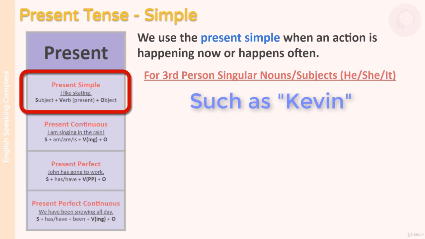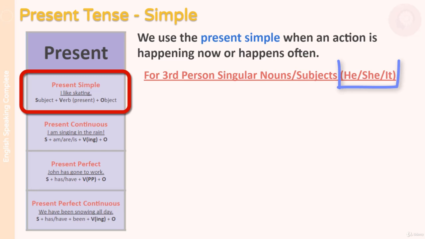We need to change the spelling, and pretty much always, or close to that, often we add an S. Although sometimes, depending on the spelling, we might not just add an S. Again, third person singular, he, she, it. The name of a boy or girl, or the name of a thing, or a living thing for it.